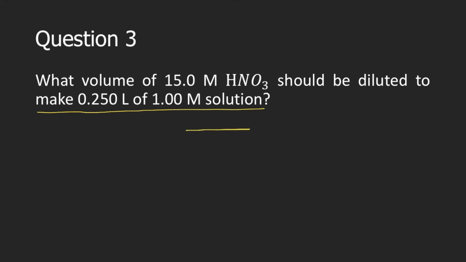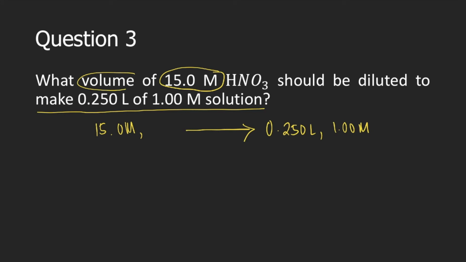So that means this is your final solution or your diluted solution. 0.250 liters and the concentration is 1 molar. And you will make this from 15 molar HNO3. So your initial concentration is 15 molar, and the problem is asking for the volume of the initial concentration. So the volume is unknown, so question mark liters.